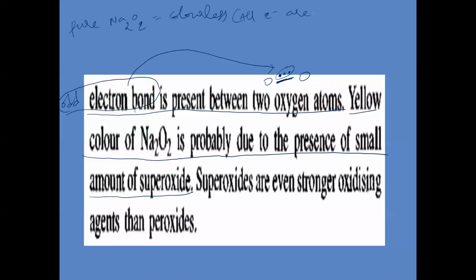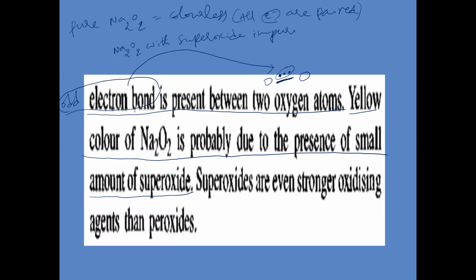All electrons are paired. When all electrons are paired, there won't be any color. But actually, the pure Na2O2 is colorless. But the Na2O2 sample with superoxide impurities.